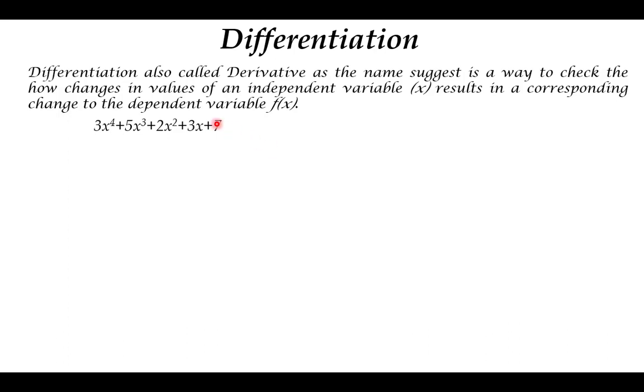Now, this is an expression made up of an independent variable, x. So we have another variable, y. And this variable and this expression become an equation if and only if we introduce the equal to sign. So we are equating y to the expression we have on our right hand side.